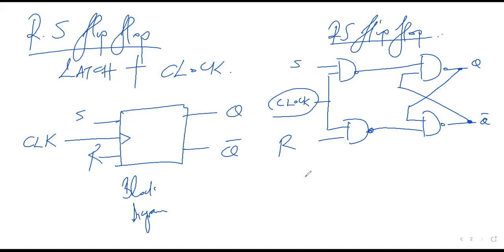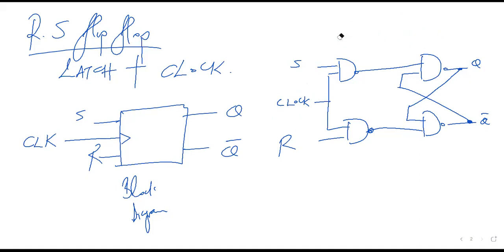Right. To the operation now. As you can see, with the clock here, let's find the output here and see how the clock affects the circuit. Let's find an output here and call it S star. Let's find an output here and call it R star. Using logic expressions, what is S star? Simple logic expression.